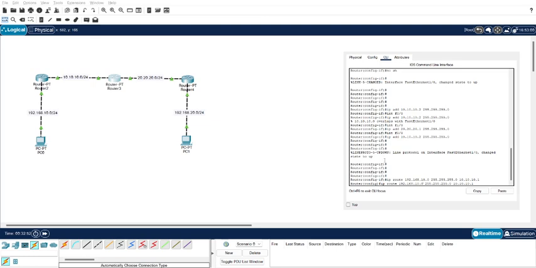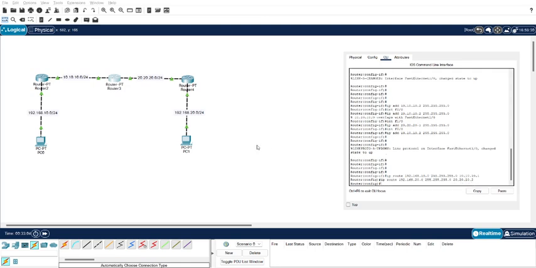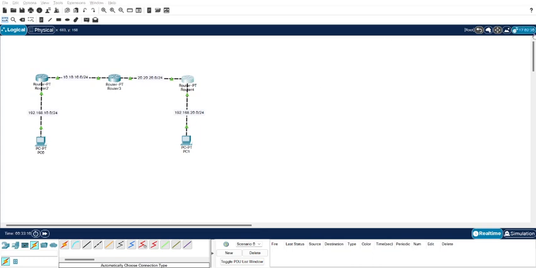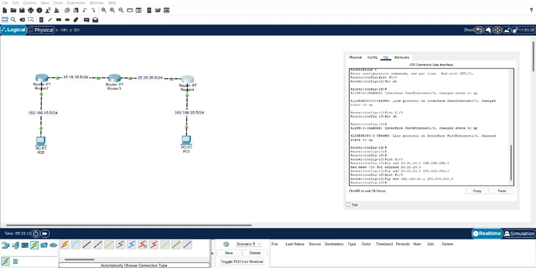After that, 20. Okay, now we add it to the router because this is the router process. And now let's go to number 4.